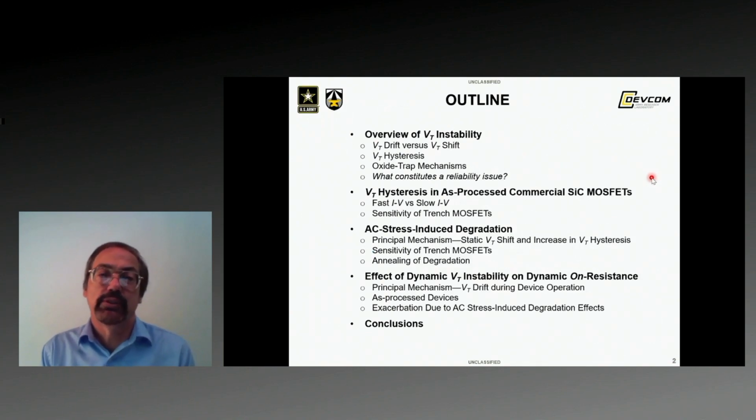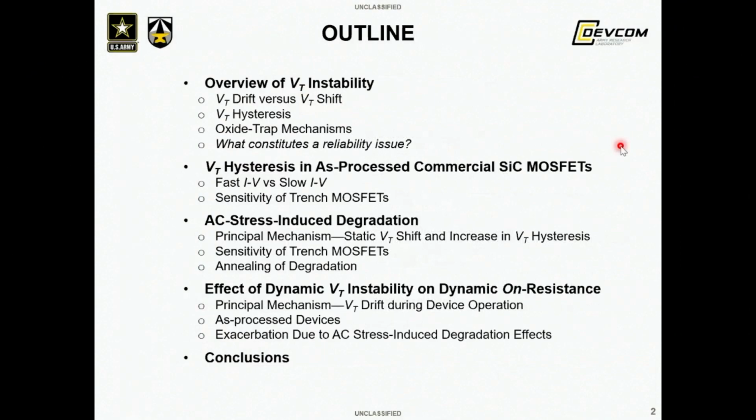So here's an outline of my talk. First, I'll give an overview of threshold voltage instability, contrasting threshold voltage drift with threshold voltage shift, and what I mean by those terms. Discuss the VT hysteresis, briefly discuss oxide trap mechanisms that are driving the VT drift, and then finally talk about what is and what is not a reliability issue.